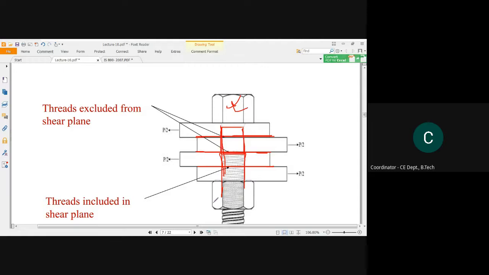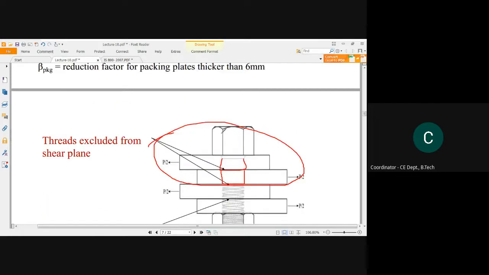We need to identify that, because see what happens when this is subjected to a certain amount of force. Just observe this part, only this part. This part of the bolt will take the maximum shear force effect occurring due to these plates, right?